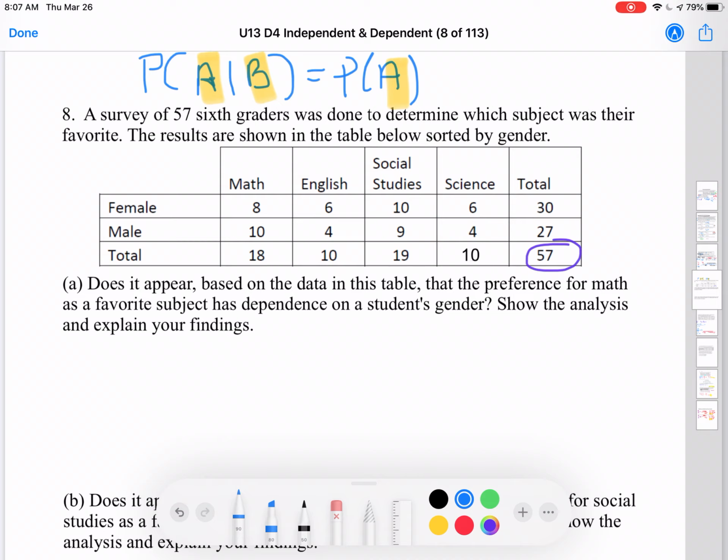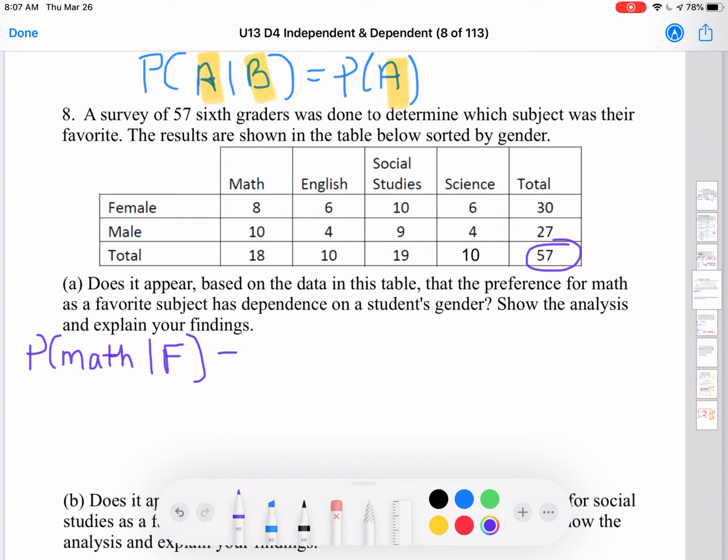And you have to pick a gender, male or female. It doesn't matter which. But for purposes of us doing the same exact calculation right now, let's all pick the same thing. I would have had somebody volunteer, but we can't do that, so I'll just pick. Okay, so let's do the probability of math given female.